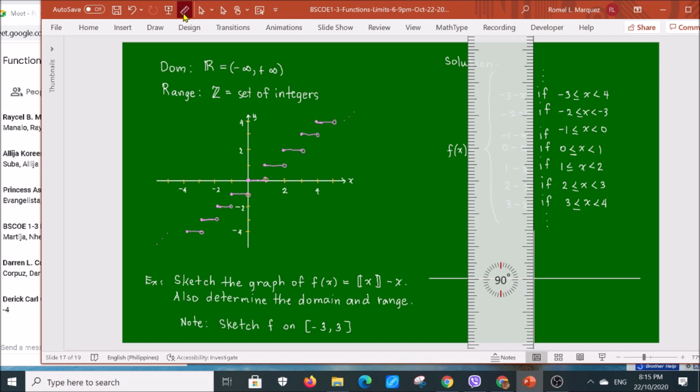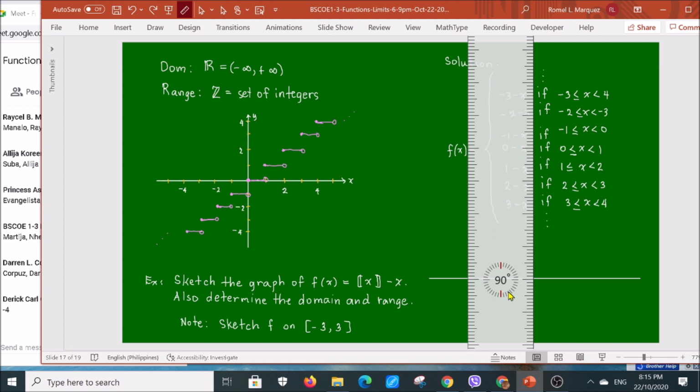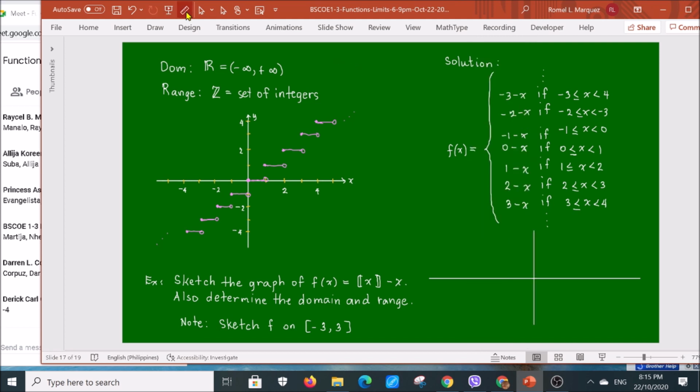Okay. This is now a ruler. I think it's too long. Okay. Bye, ruler. See you later.